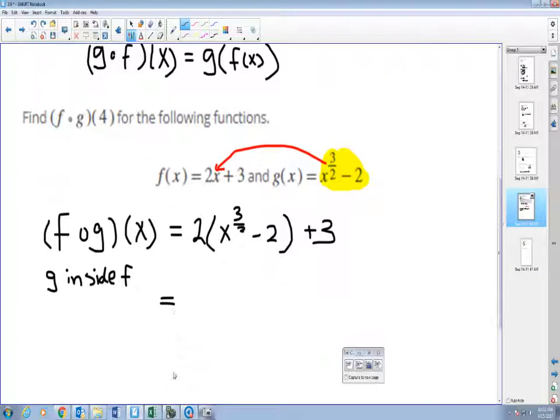Alright. So distribute, that's going to give me 2x to the 3/2 power, minus 4, then plus 3.